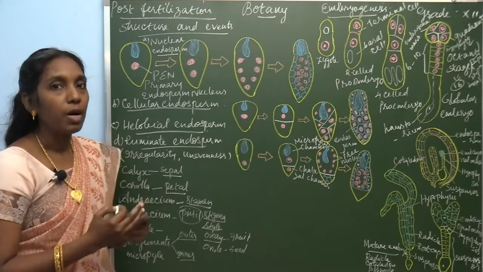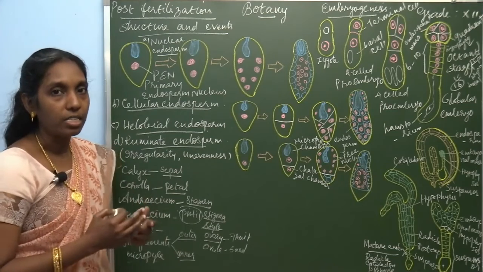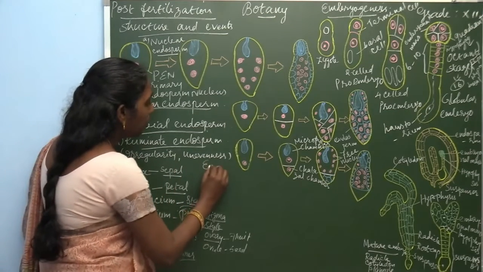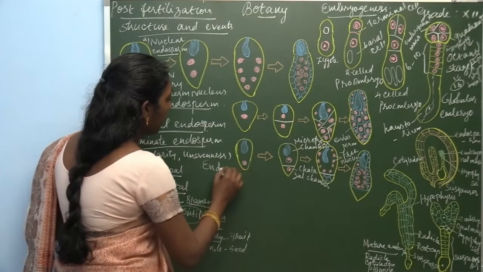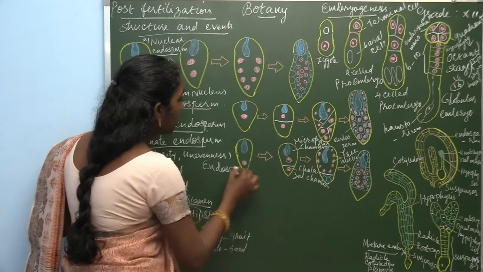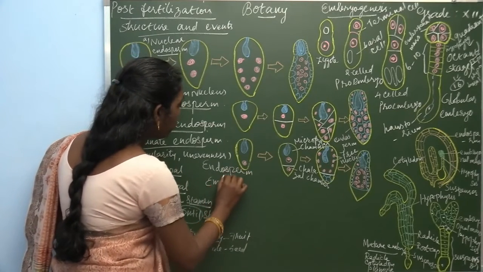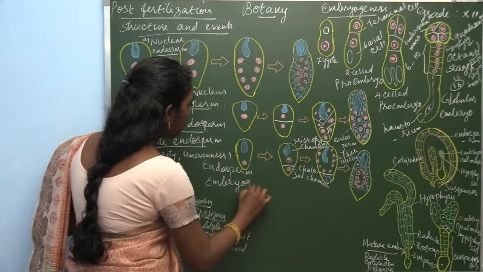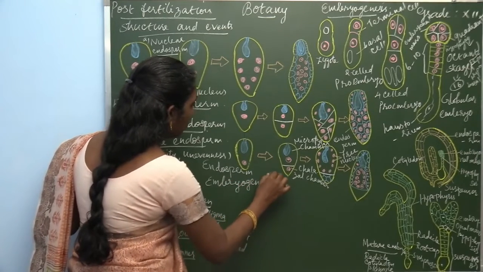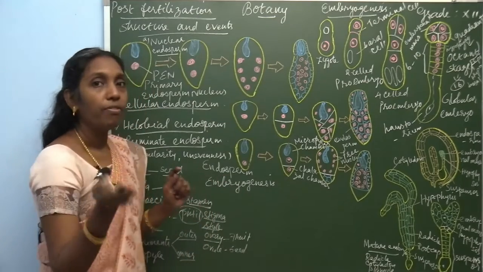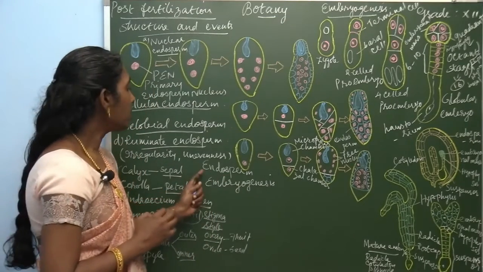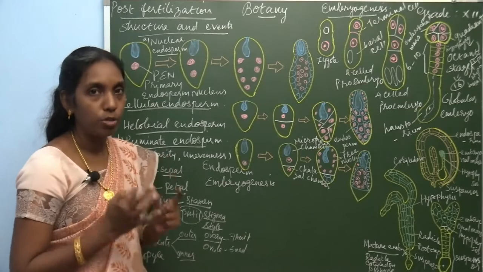Now, the next part which develops after fertilization is endosperm formation, and the next process is embryogenesis. Before forming the embryo, there is a structure called endosperm.